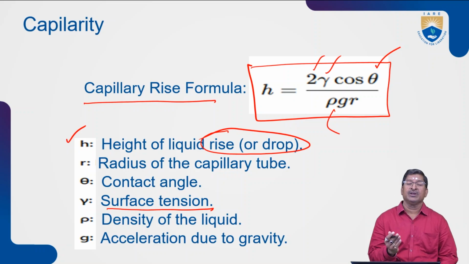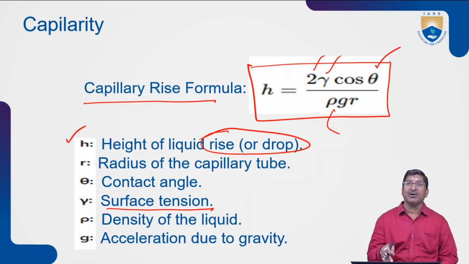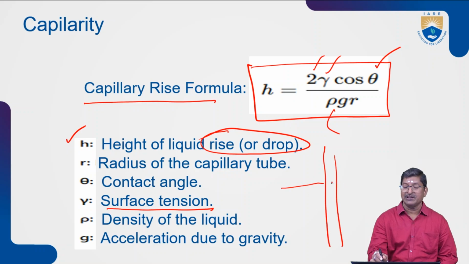If there is more adhesion compared to cohesion, there will be a rise in the tube. Or if adhesion is less and cohesion is more compared to the adhesion property of the particular liquid, then the more cohesive liquid will have a drop in a smaller diameter pipe. So if it is such a liquid, it will fall like this. This is a drop.